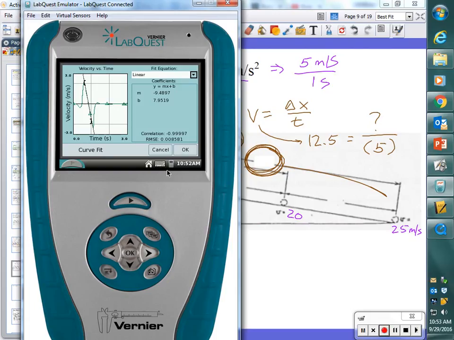But it's negative. Does that mean the ball was continuously slowing down? No. What's causing this acceleration? Gravity. What does the negative sign tell us on vector quantities? It represents direction, right?